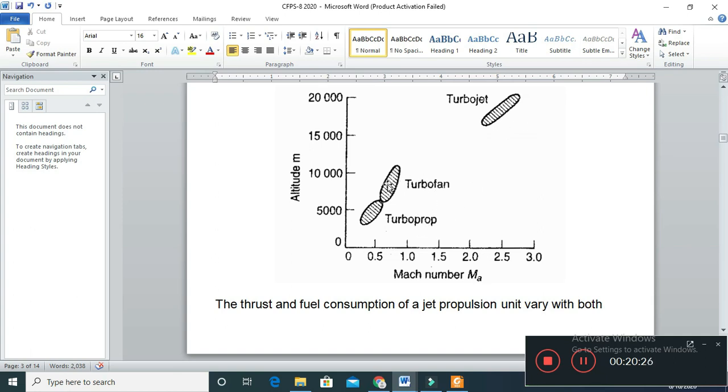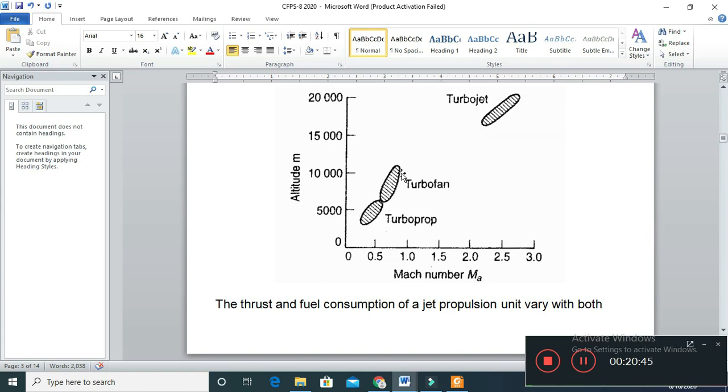Turbofan engine is for an altitude of about 10,000 and Mach number in the high subsonic range. Turboprop engine is in the middle subsonic range and the altitude is 5,000.